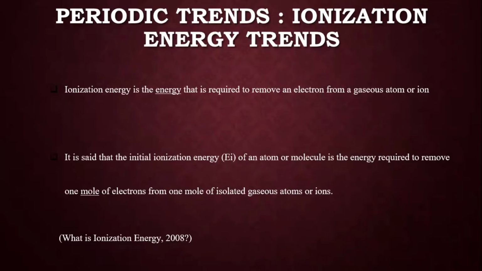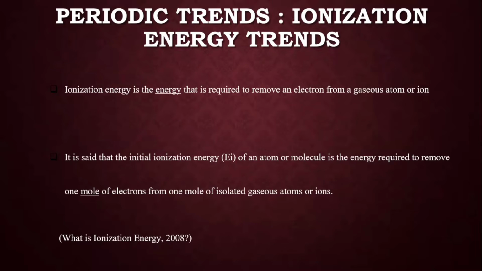The final trend is ionization energy trend. Ionization energy is the energy that is required to remove an electron from a gaseous atom or ion. It is said that the initial ionization energy of an atom or molecule is the energy required to remove 1 mole of electrons from 1 mole of isolated gaseous atoms or ions.